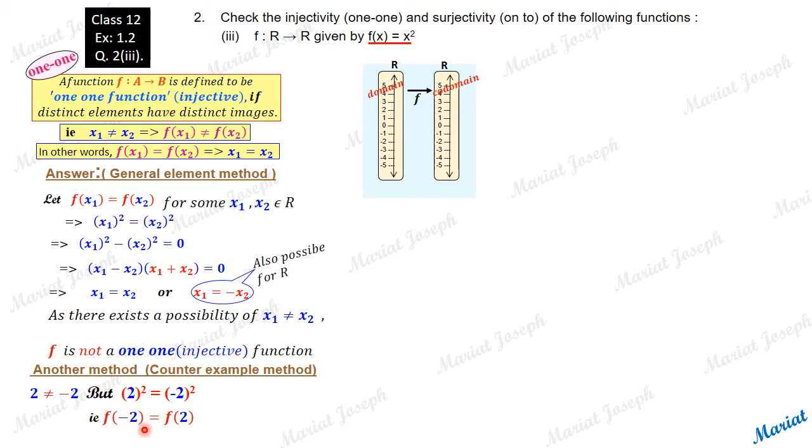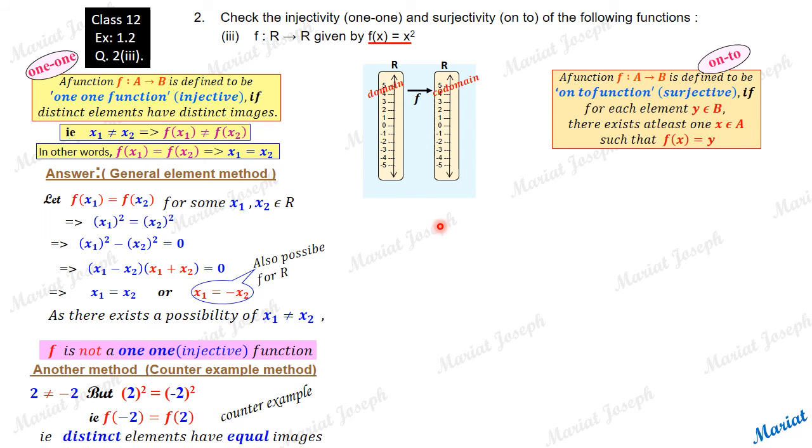This numerical example counters the definition. Hence, the function is not a 1-1 function. To prove this, we can go either by this general method or by this numerical example, which is called the counter example method.